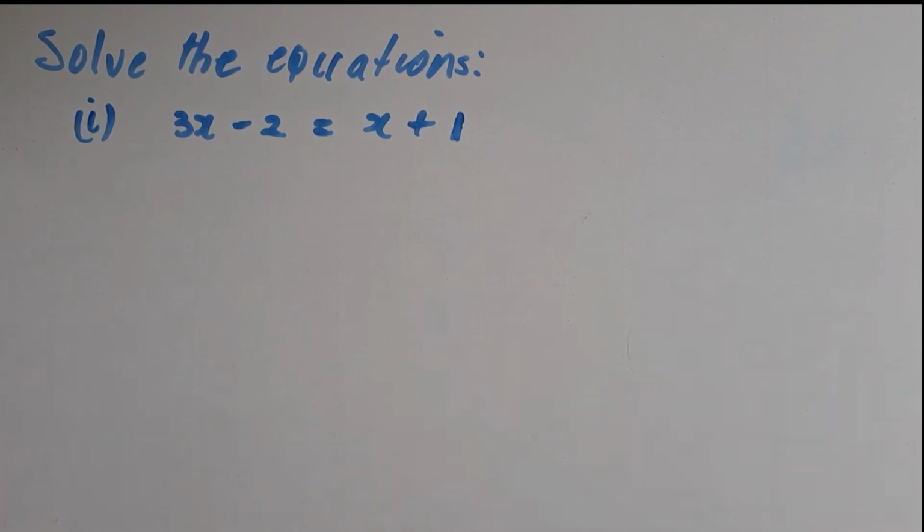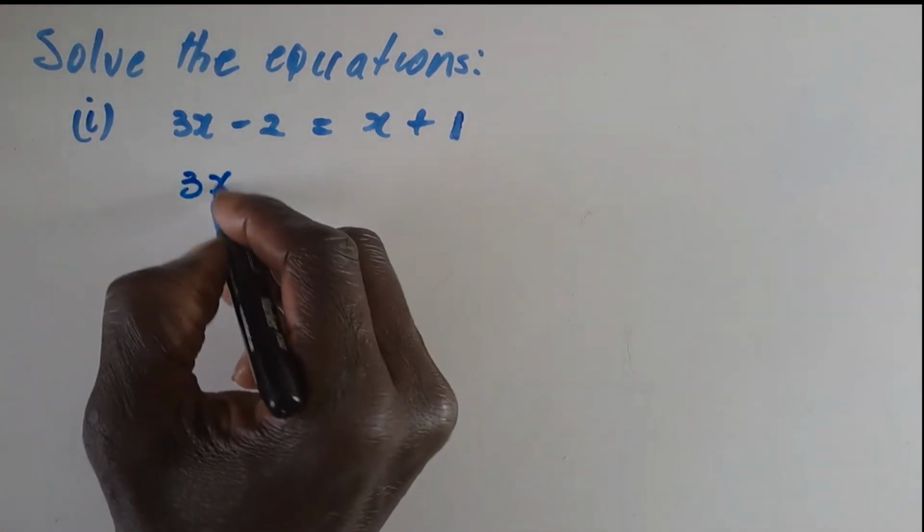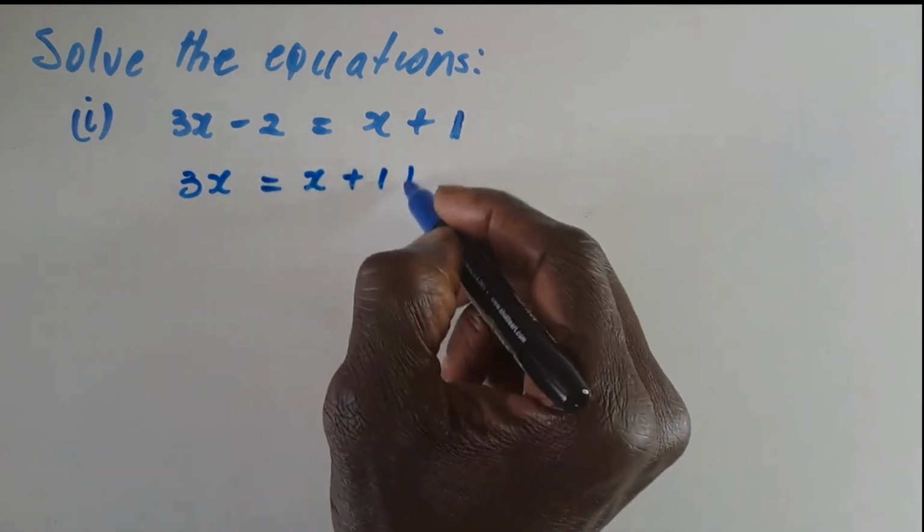What we'll do is add positive 2 to both sides of this equation, and the result is x add 1 add 2.